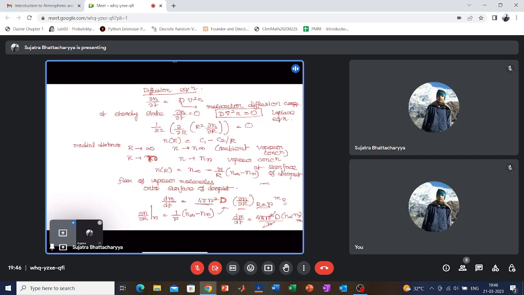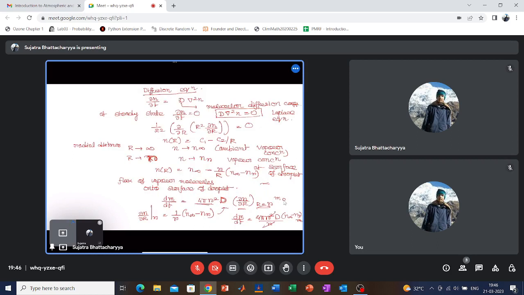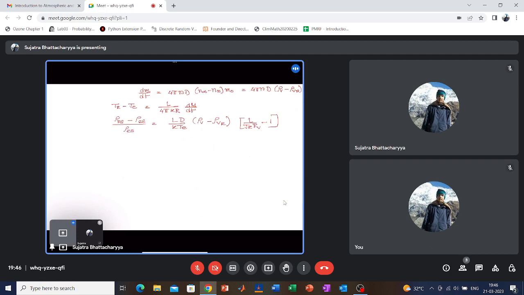See this expression, the fourth equation. In this fourth equation, Tr minus Te is replaced, and this dm dt is nothing but this. So this has been put here, and only then we have got this expression.